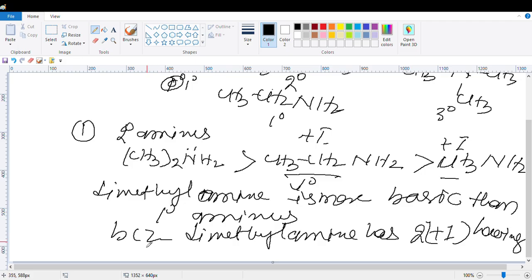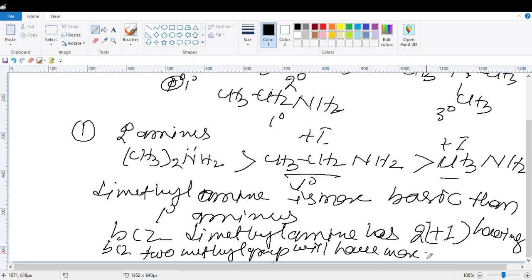So that is why, because two methyl groups will have more plus I effect and increase the negative charge density on NH2 group than primary amine or methylamine.